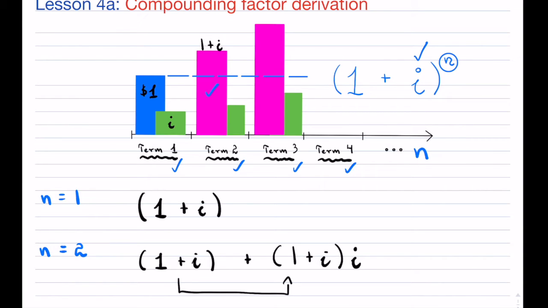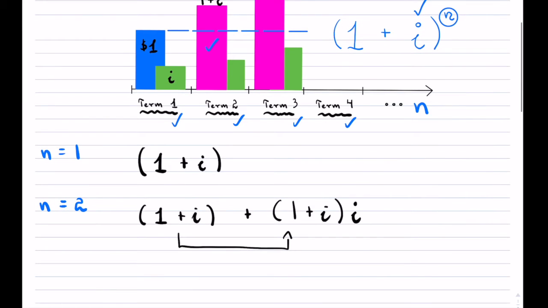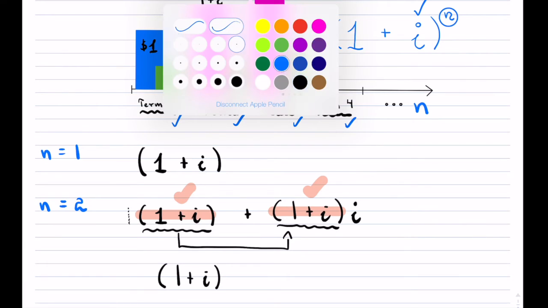So this looks kind of weird, but notice, if you know a little bit about factoring, I have 1 plus I in this term and in this term. So I can factor this out. Don't forget there's a 1 in front here. If I factor out the 1 plus I, what do I have left over?